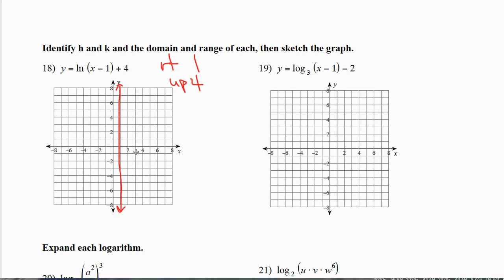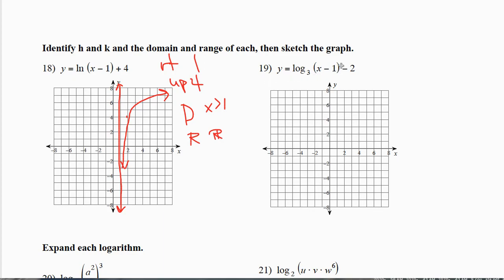And it moves our 0 to the right 4. Normally would be here, so now it's here. And so we have this graph kind of like this. We can see when we look at that the x is going to be greater than 1, and the range is going to be all real numbers. And we can do that simply by understanding a quick sketch and what happens to the shift.